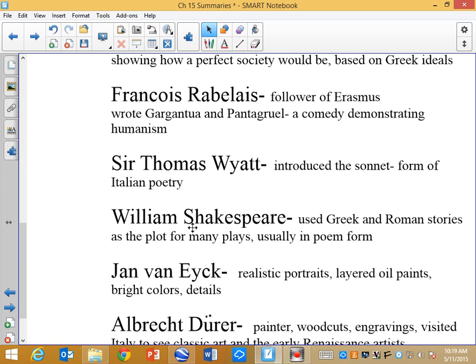And he is so well known that it is easy to find not only people still performing Shakespeare's plays, but also to find other plays, other movies, other books that are based on things that Shakespeare wrote. They use the same basic plot and change the characters, make them more modern, change the way they talk, things like that. But Shakespeare used a lot of Greek and Roman stories.